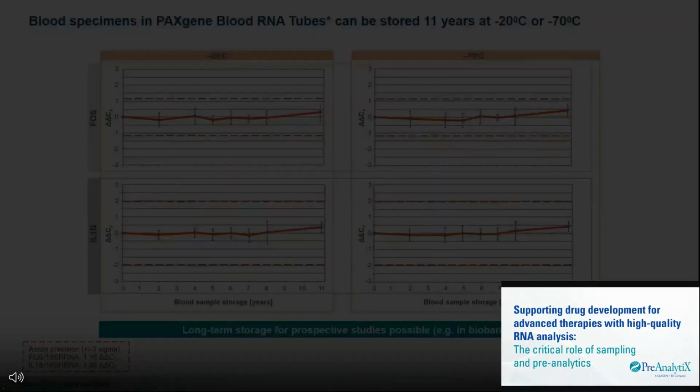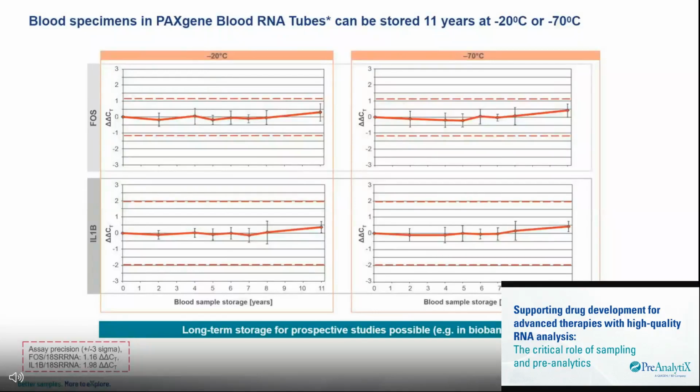We did not only look into short-term storage, so storage for days at room temperature, but also in a similar study, we verified the performance of the PAXgene Blood RNA System with blood samples that were stored for up to 11 years. We called it long-term storage, and we used the commonly used freezing temperature of -20 degrees Celsius here on the left side, and on the right side, we applied deep freezing storage temperature of -70 degrees.